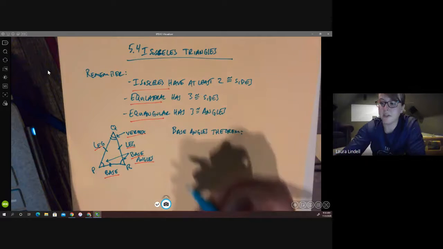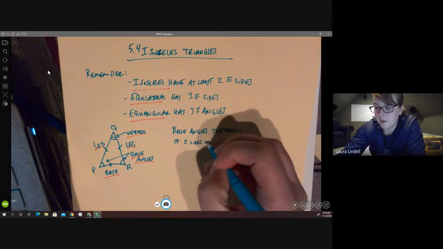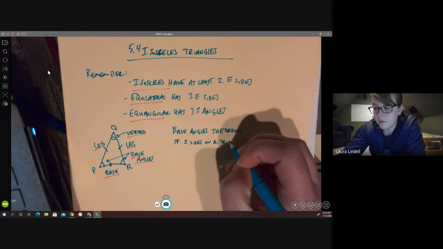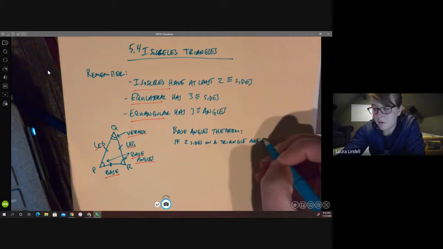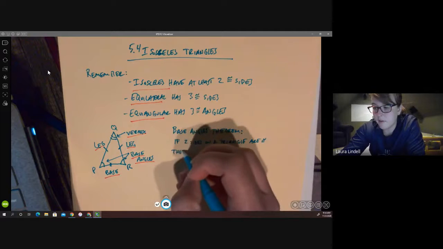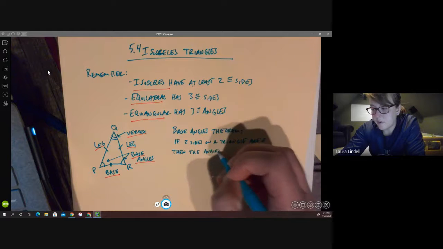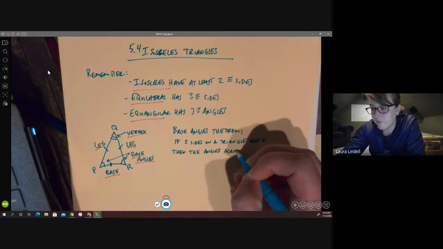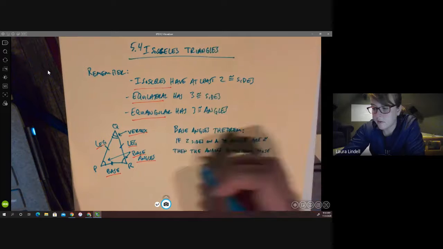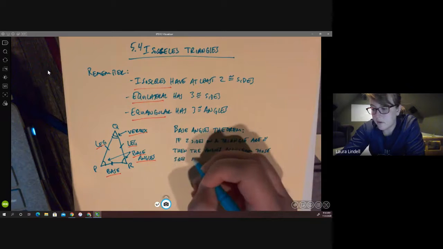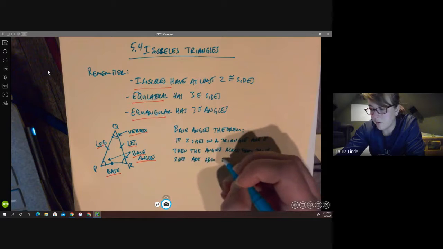So the base angles theorem says if two sides on a triangle are congruent, then the angles across from those sides are also congruent.